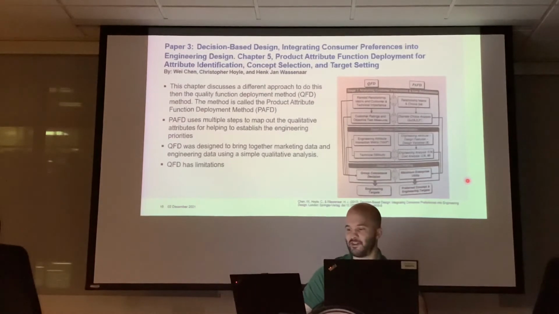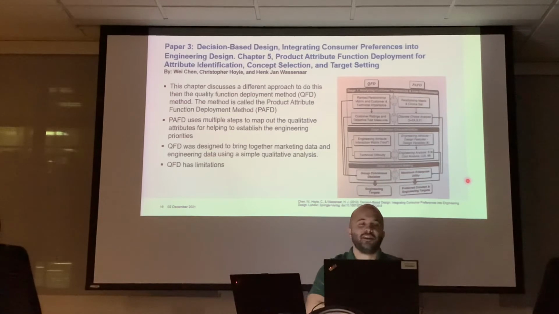Now, moving on to the last paper discussed. This paper is actually a chapter from the book Decision-Based Design: Integrating Consumer Preferences into Engineering Design. I chose to look at chapter 5, which is Product Attribute Function Deployment for Attribute Identification, Concept Selection, and Target Setting.